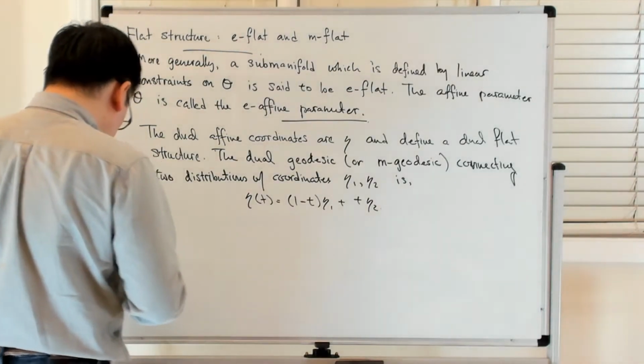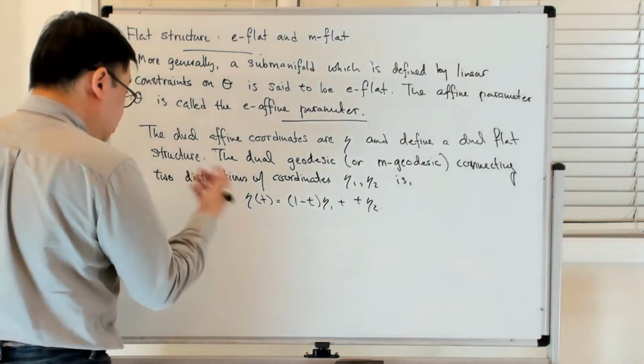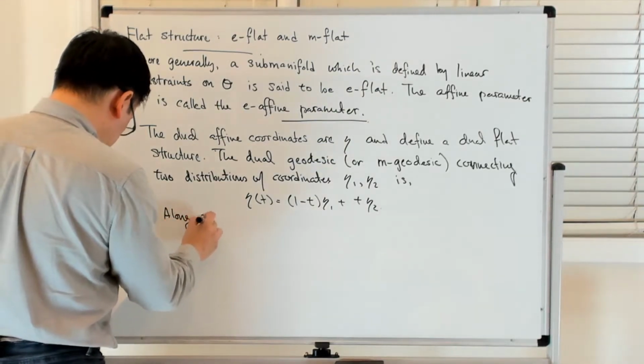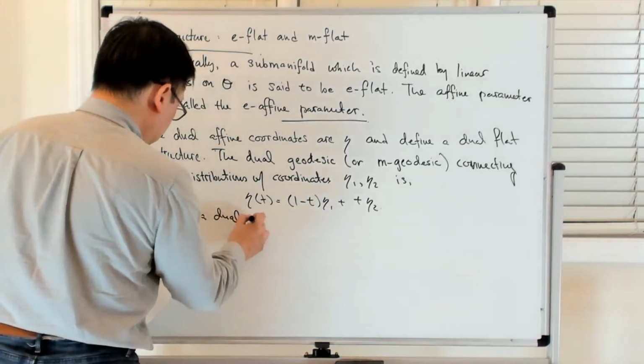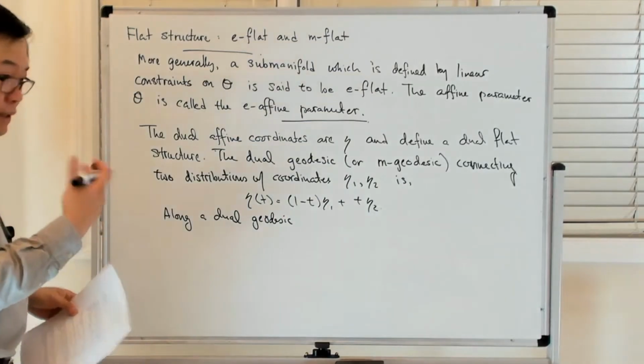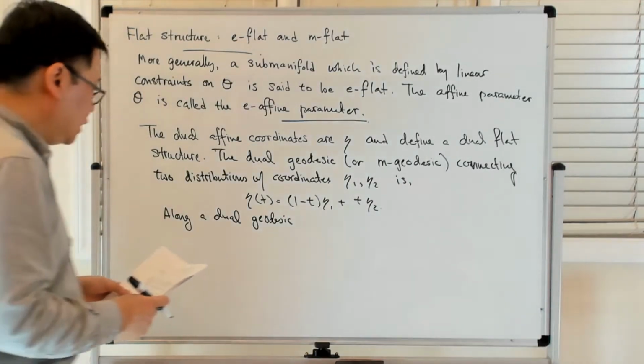Okay, and again, along a dual geodesic, what happens is that the expectation is linearly interpolated.